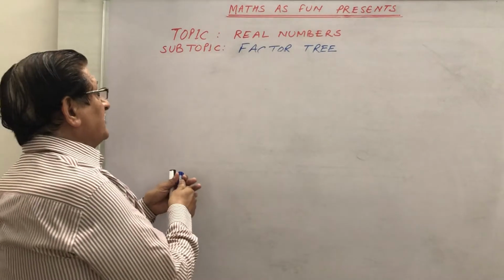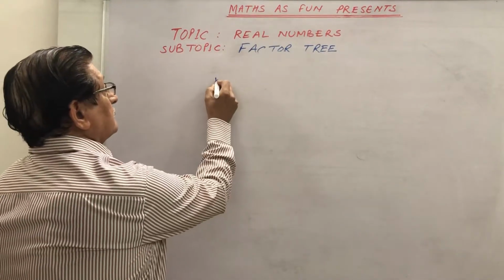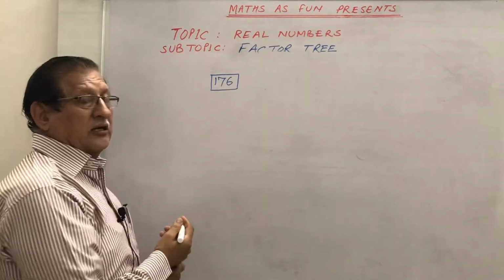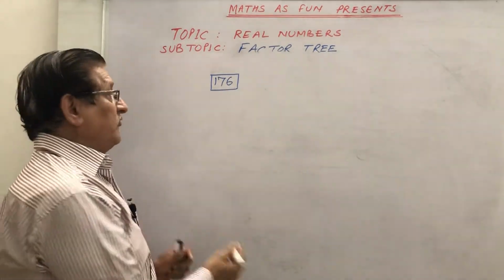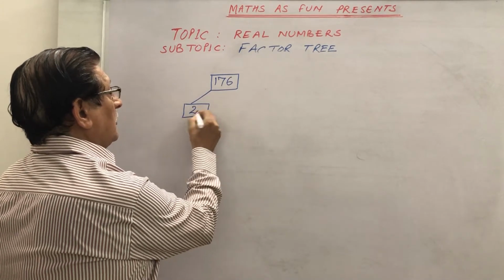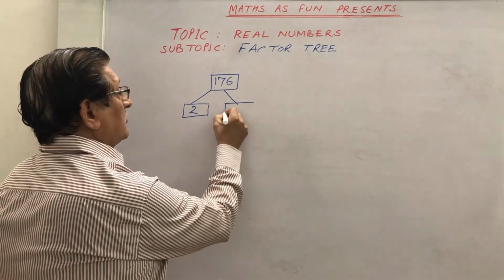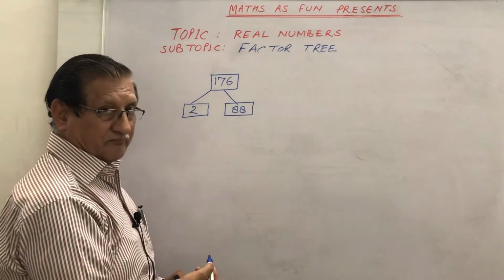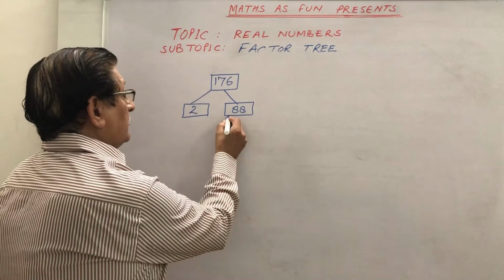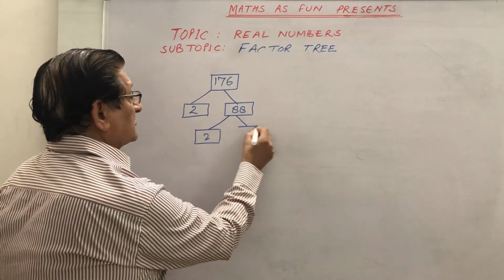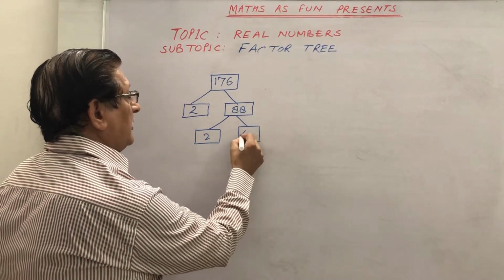Suppose I am taking 176 as the number. We put this in a rectangle. We know the first prime factor for this is 2, and when we divide by 2, it comes as 88. Then again we get 2, and it comes as 44.